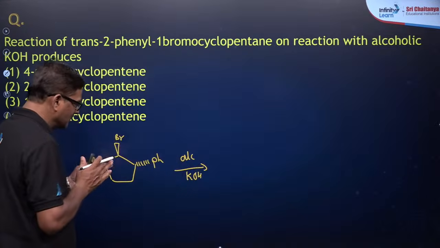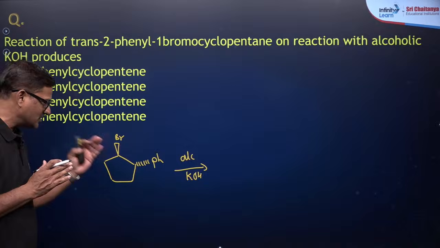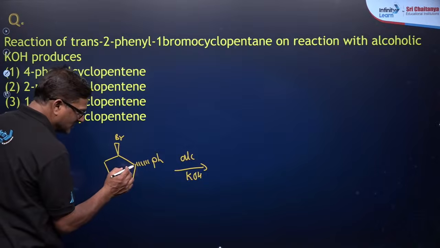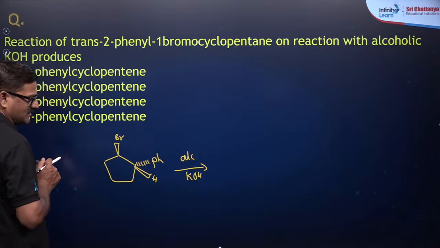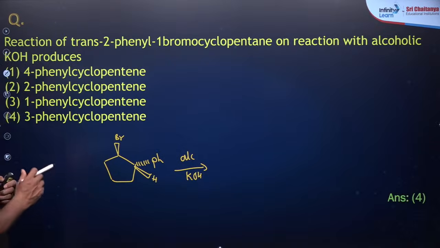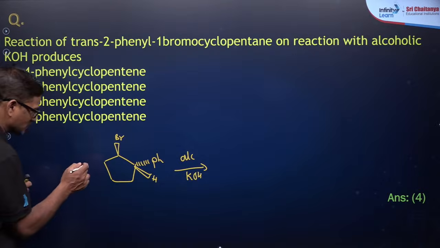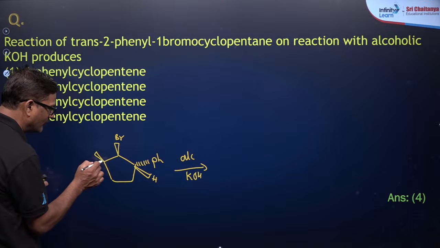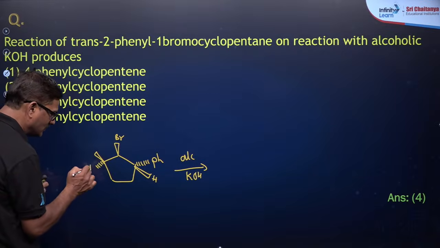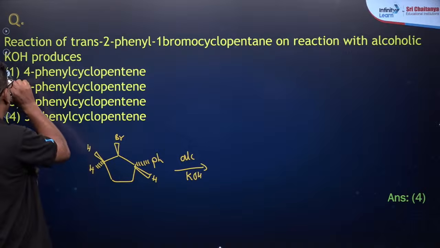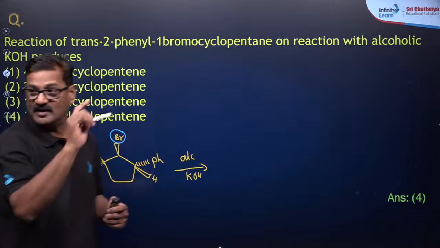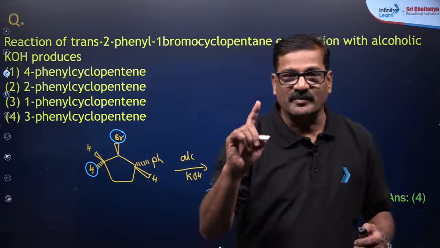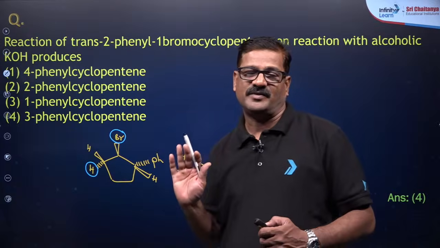So, this is going to take the elimination process. From here you see, E2 elimination is anti. So, you can't take this, and as a result of this 3-phenylcyclopentene is going to be formed. I mean to say here, this hydrogen, I want to remove this bromine and this hydrogen only, because E2 elimination is anti-periplanar.